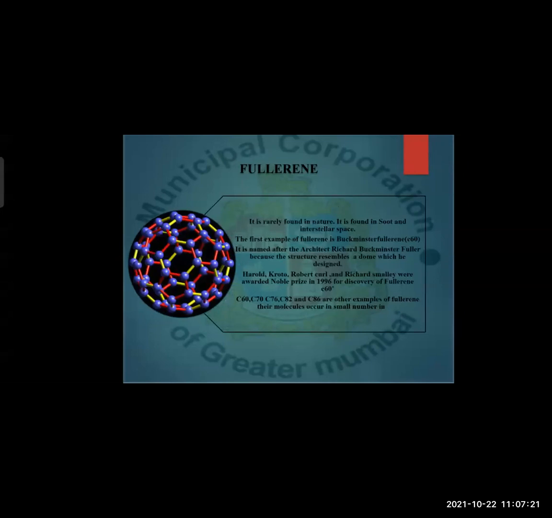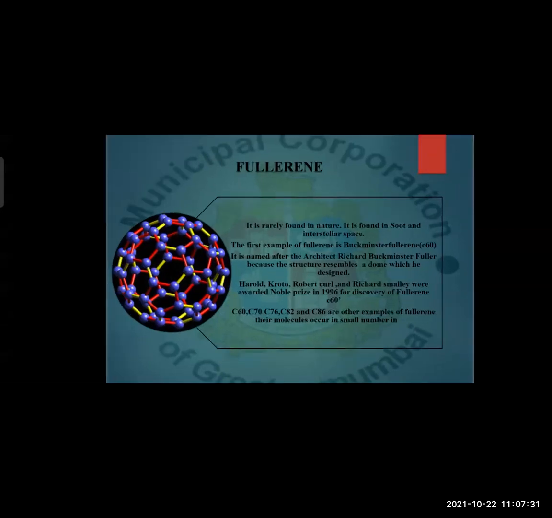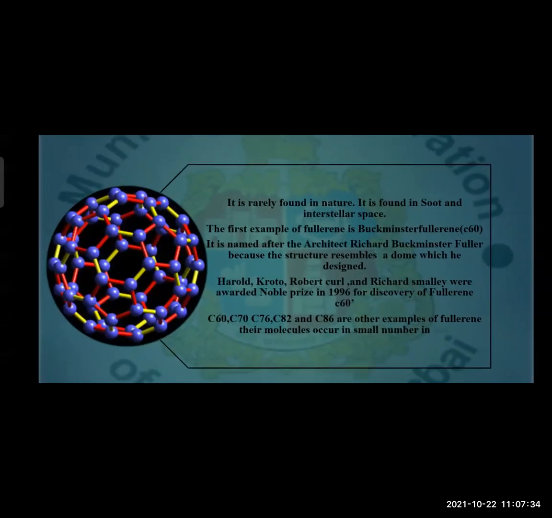So after this, fullerene. The next crystalline form of carbon is the fullerene. Look at fullerene. How does it appear? See the arrangement of carbon atoms. Again, it has a hexagonal shape.